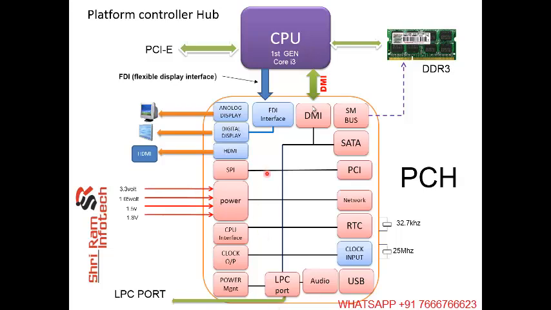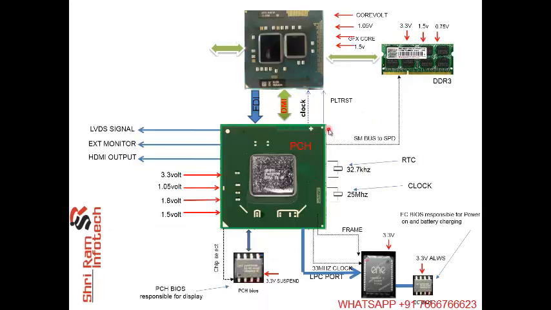But in this system, the clock chip is incorporated into the PCH, so there is no separate clock chip. So this architecture becomes like this. In Core Studio the architecture was different, there was an MCH, ICH and clock. Here there is no need of ICH, MCH and clock. There is only one chip that manages everything, called the PCH, which has the ICH, MCH and clock built in.